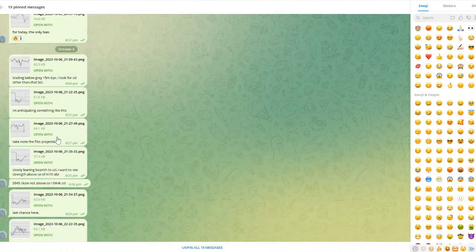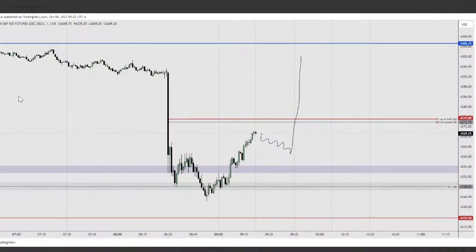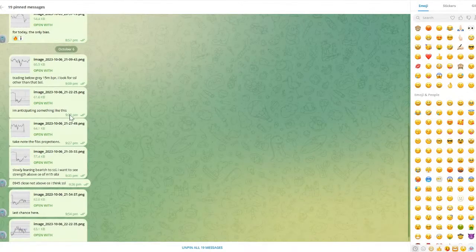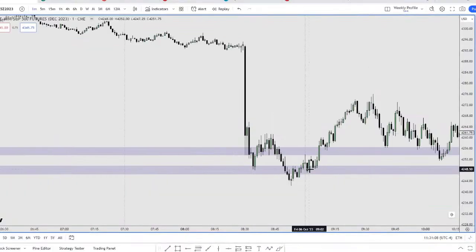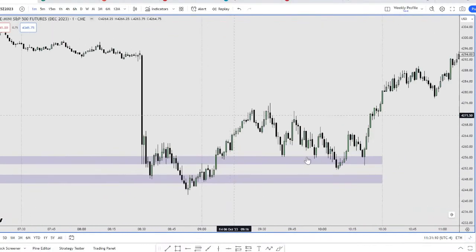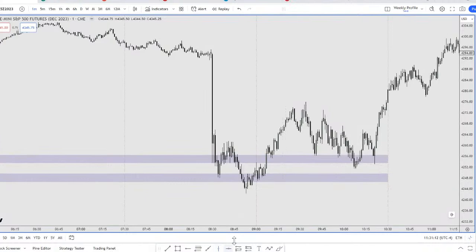Okay, and at around 9:22, I'm anticipating something like this. Okay, so I think if you pay attention to Daye's account, you would understand that if Q1 is an expansion, you anticipate a stop hunt in Q3.